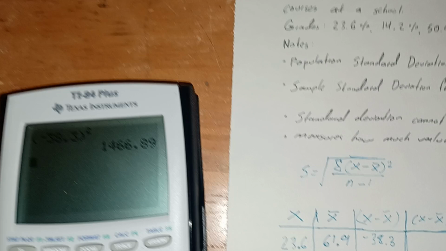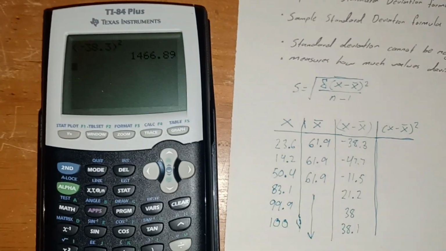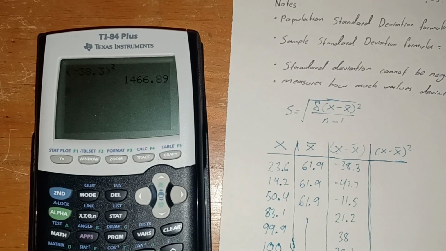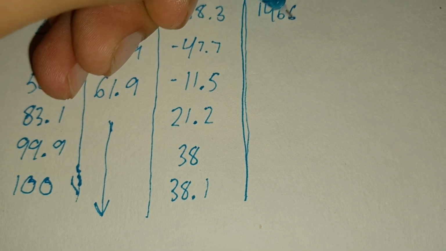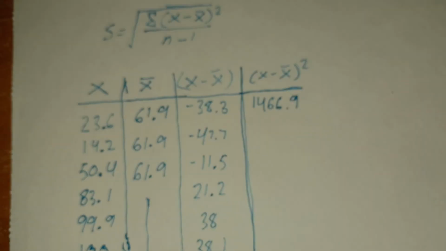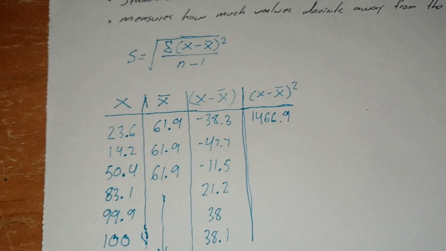That's going to give us 1466.89, but we are going to round to one decimal place, so that's going to be 1466.9. Just like that. Round to one decimal place.